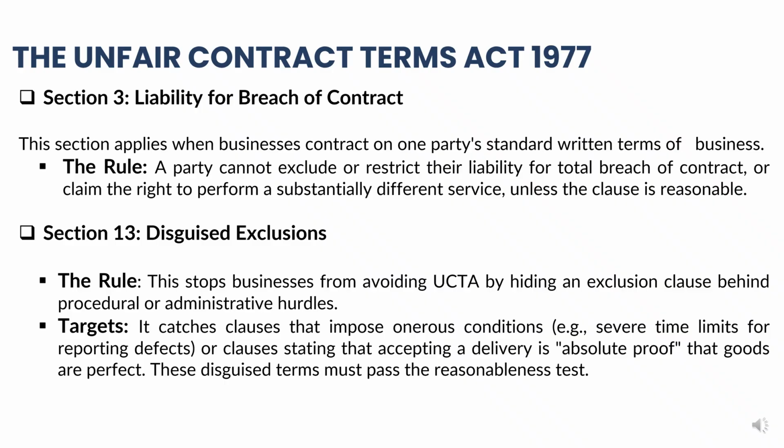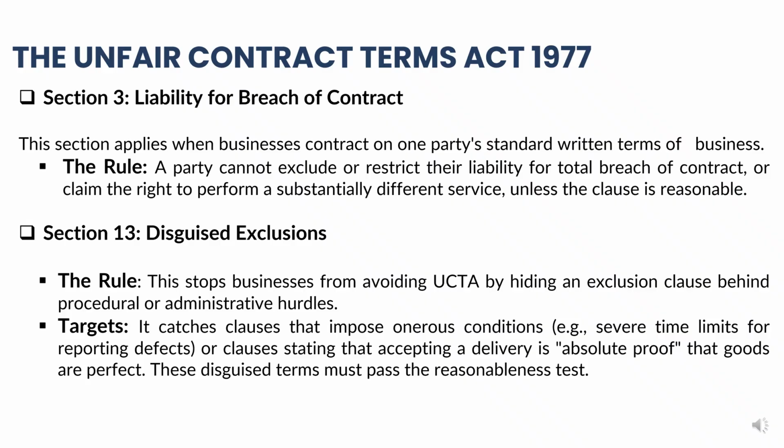It is crucial to note for your essay that this section does not cover every single business agreement. It applies specifically when companies contract on one party's standard written terms of business. The rule here is designed to protect companies from being held hostage by another business's standard pre-drafted contract.